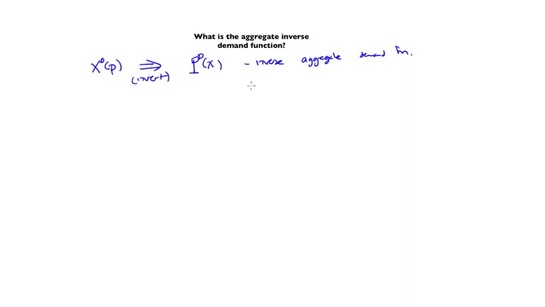In words, the meaning is the price at which all of the consumers want to buy X as a group. So as you move the price, the consumers in the market are going to want to buy a different amount, and this is the total price that gets all of the consumers in the market to buy X.